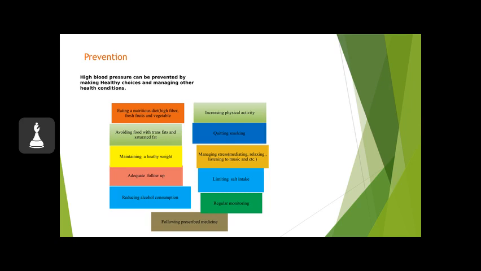Healthy choices include eating a nutritious diet high in fiber, fresh fruits and vegetables, potassium, magnesium, and calcium, avoiding food with trans fat and saturated fat, maintaining a healthy weight, increasing physical activity, quitting smoking, managing stress through meditation, relaxing, or listening to music, limiting salt intake, reducing alcohol consumption, regular monitoring, and adequate doctor follow-up, following prescribed medication can prevent hypertension.